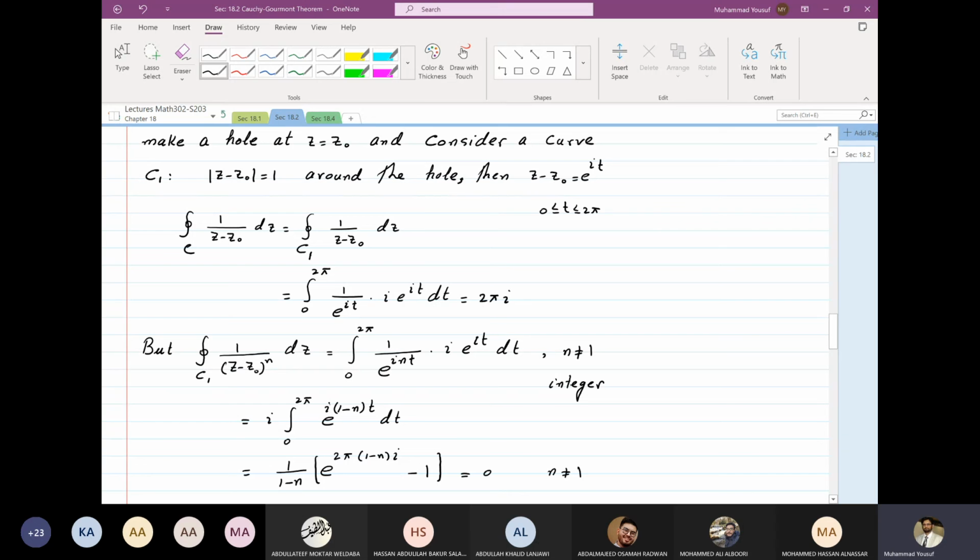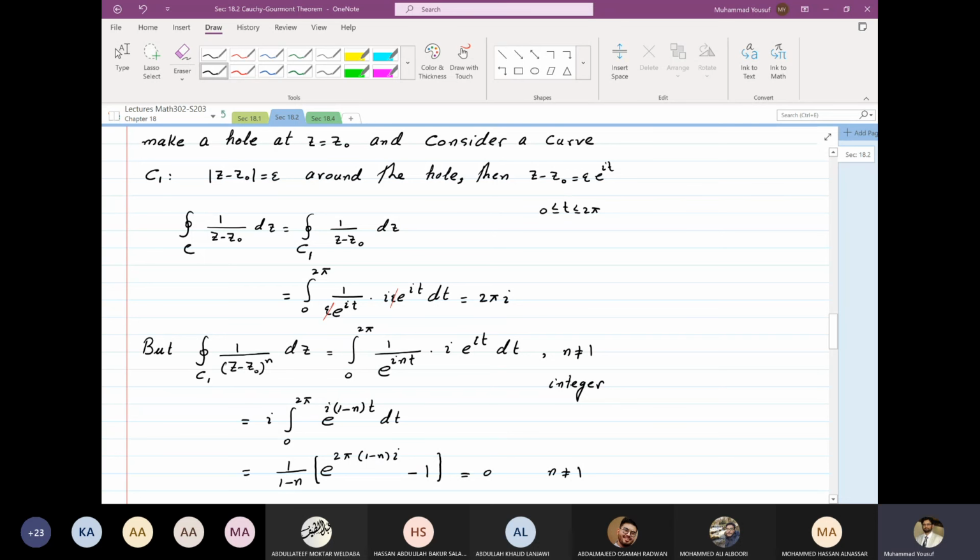And why I was saying epsilon: if the radius is epsilon, then this will be equal to epsilon e power i t. So there will be one epsilon here and one epsilon here, and these two epsilons will cancel each other. And we have the same answer. So how big is this radius? Of course, it should remain inside the curve C, but we can make it as small as we want. So the answer is 2 pi i.